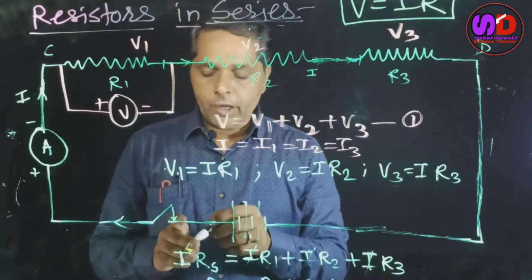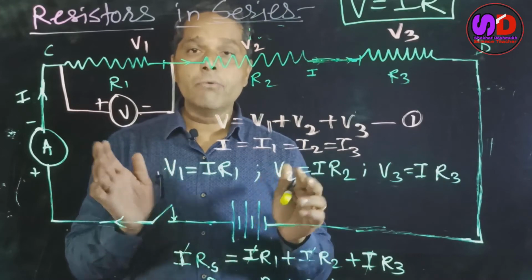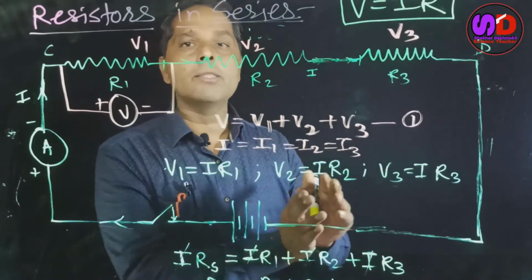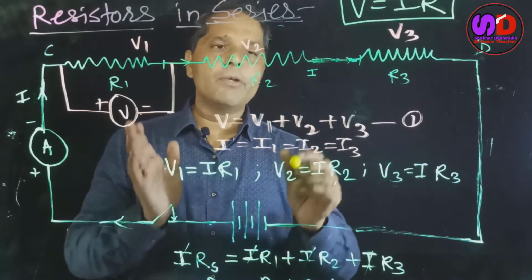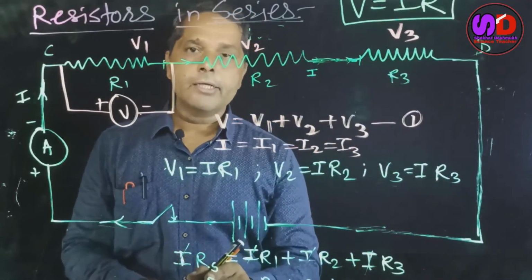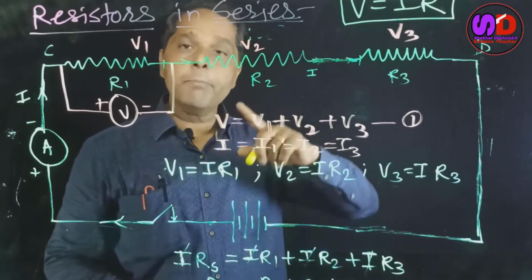So we have taken 3 resistances in series. So the equivalent resistance of the combination is nothing but the addition of all these 3 resistances. What happens if, instead of 3, we take 4 resistances? Then RS should be equal to R1 plus R2 plus R3 plus R4.